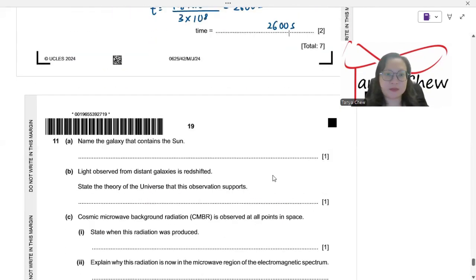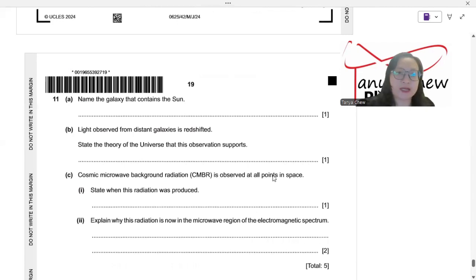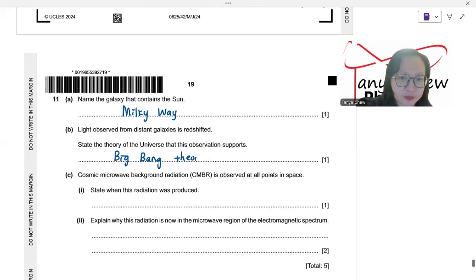And number 11, name the galaxy that contains the sun. It is called Milky Way. B, light observed from distant galaxies is redshifted. State the theory of the universe that this observation supports. It actually supports Big Bang theory. So you remember?